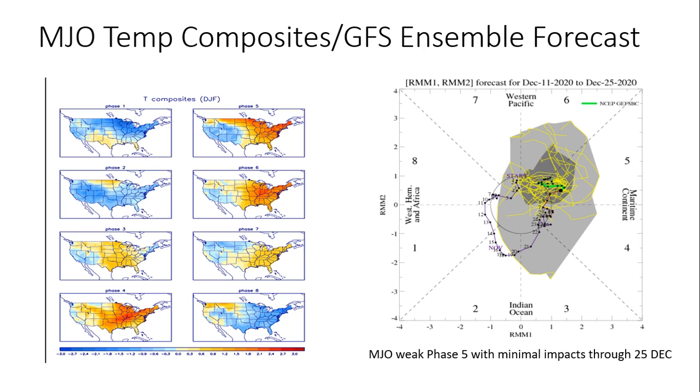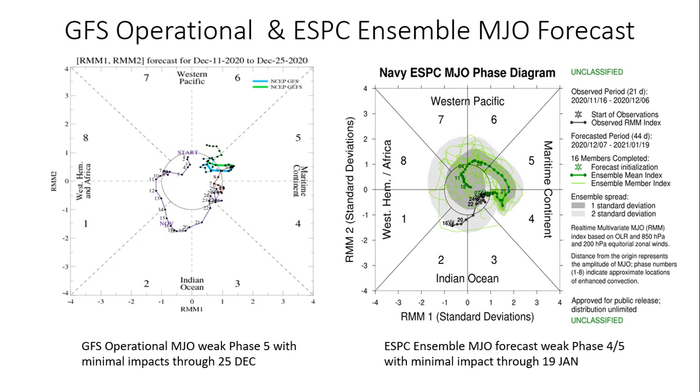But again, as I've explained in previous videos, the smaller inner circle at the center of the diagram correlates with more of a null phase, of very minimal impact. So the closer the forecast lines are to the smaller inner circle, that generally indicates more minimal impact from the MJO. The farther away those lines get from the small inner circle, the more amplified the MJO is and the greater the impact.